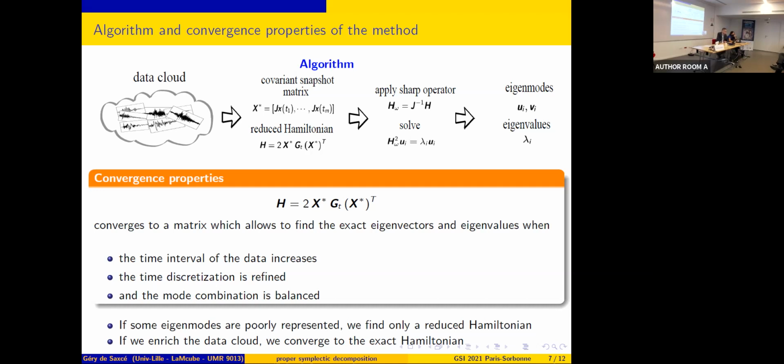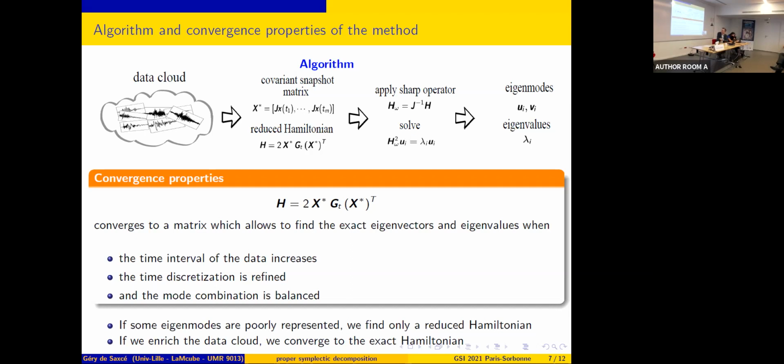We can stop just there for the applications, but we would like to verify the convergence property of our scheme by also calculating the eigenvalues.